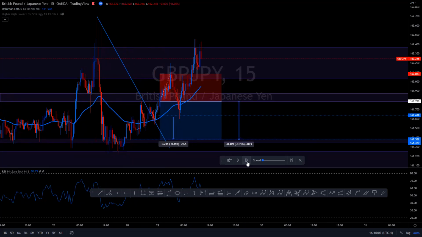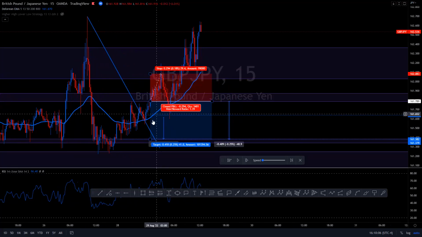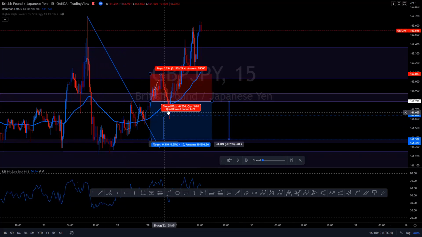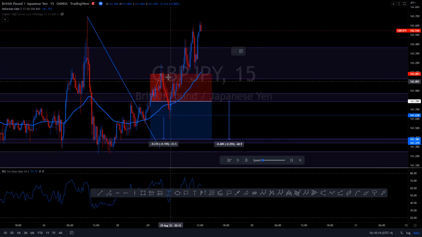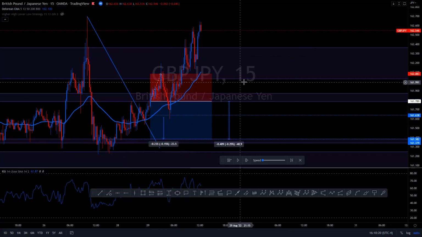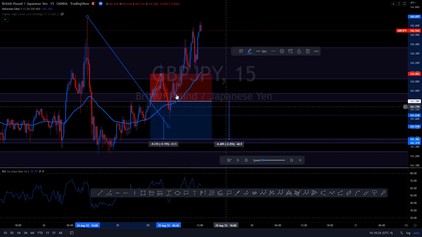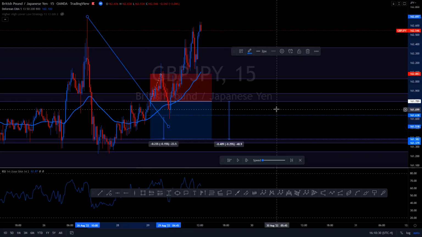So technically we were wrong on this one, but we still would have probably got something out of that. It just goes to show that price held that demand zone. But we wouldn't have took that trade. We probably just would have got in here if we wanted to get this sell, but price went overall bullish. But it's okay because we could have just sold that, got out, and then bought it up to here.